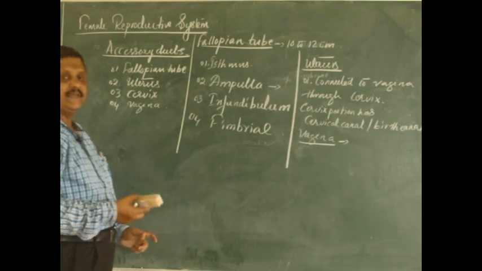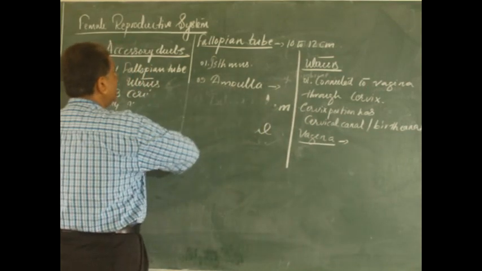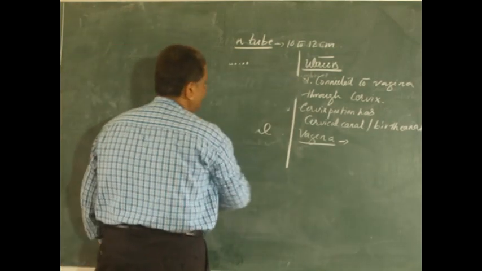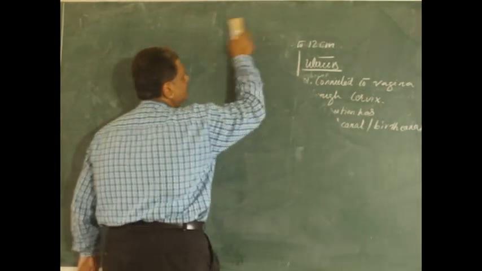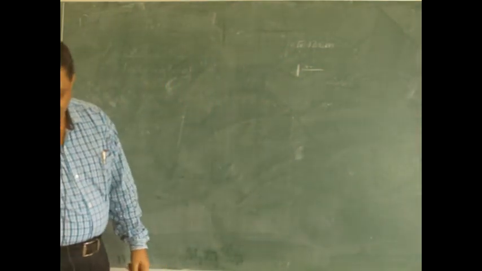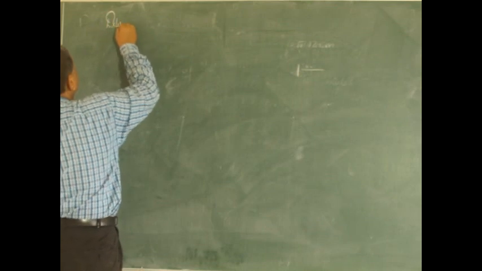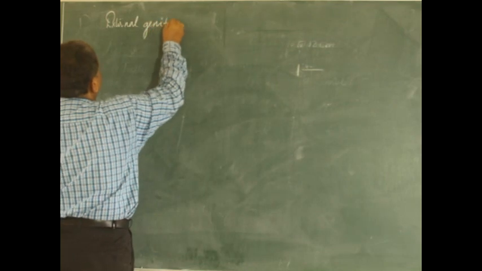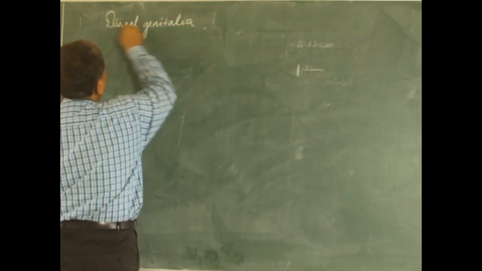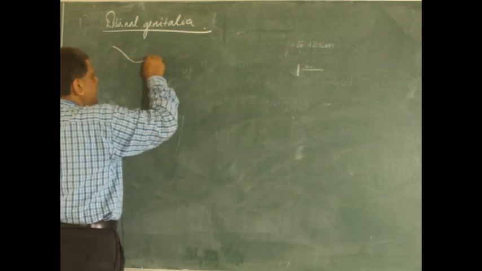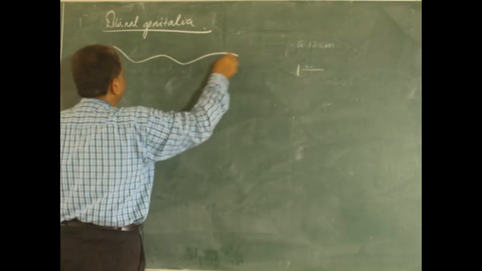Now, the next concept is external genitalia in female. The structure of external genitalia will be like this.